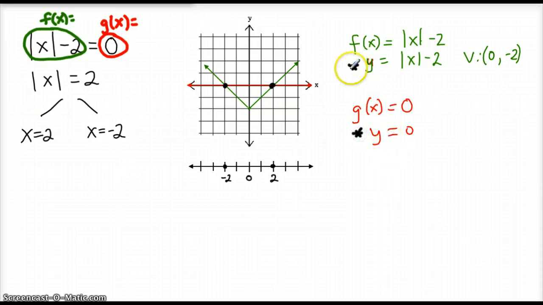They cross right there. And lo and behold, see how that is crossing at 2 and negative 2, and that point corresponds with that point right there.